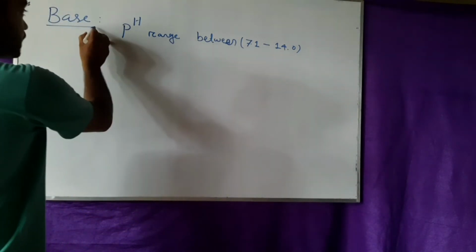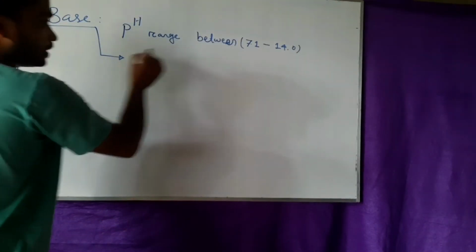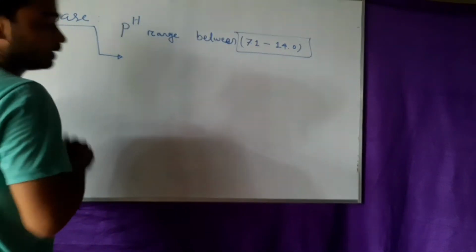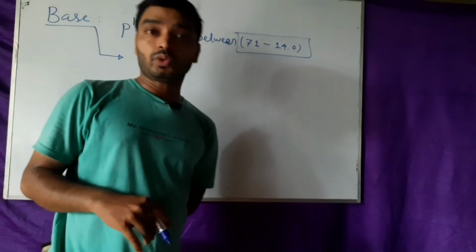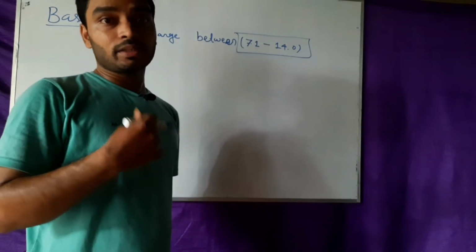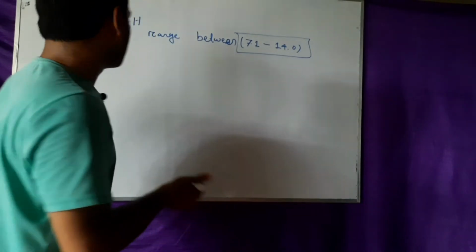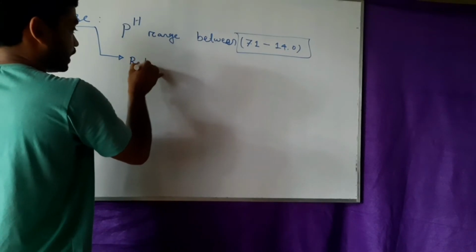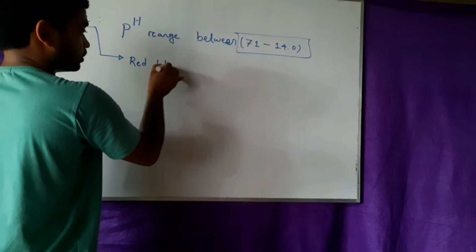So pH is the percentage of hydrogen ion concentration. This type of chemical has a pH range of 7.1 to 14.0, and it has the tendency to convert red litmus paper to blue.